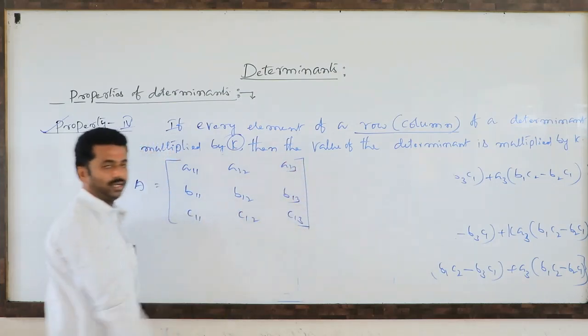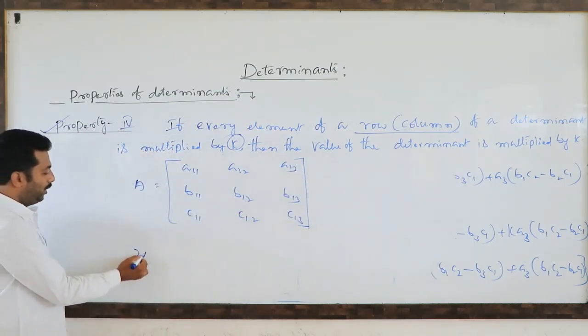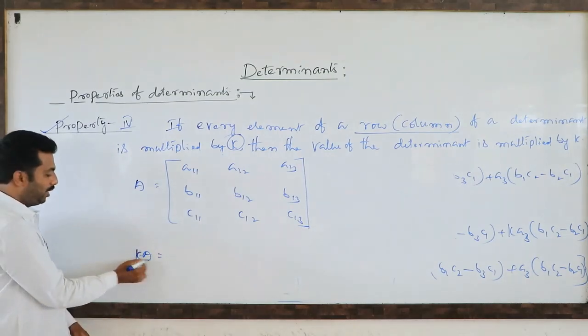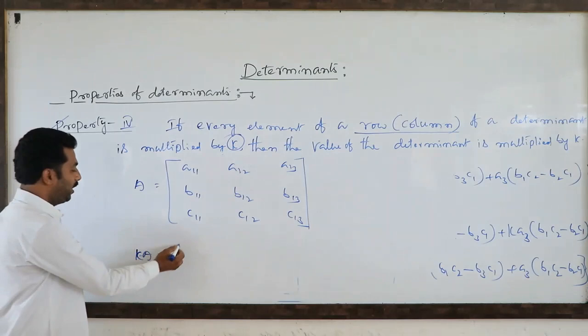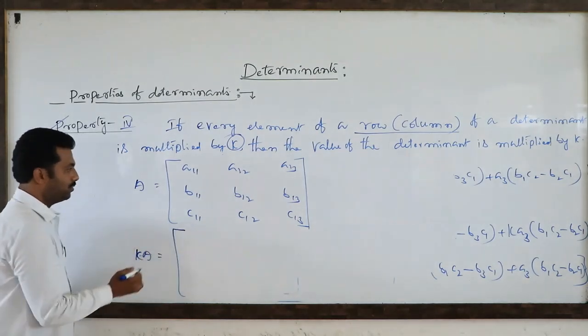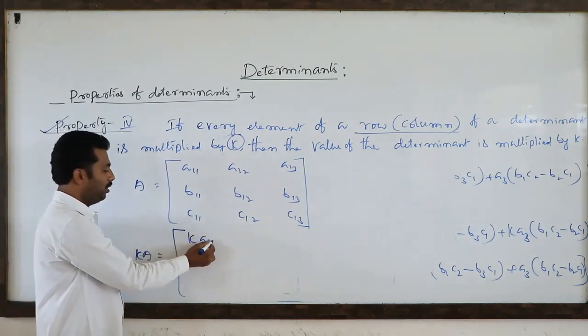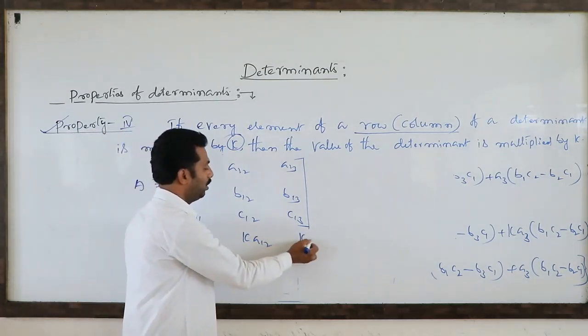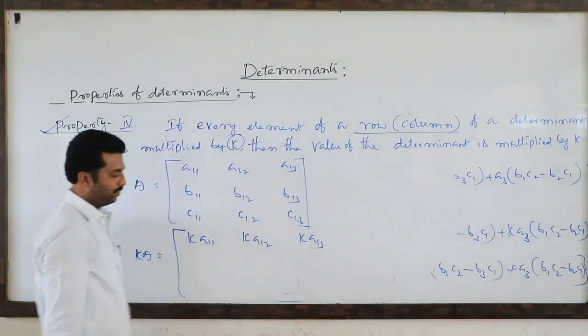This is the matrix A. What is 2A or KA if I take? What is KA matrix? You observe. K into A11, K into A12, K into A13.